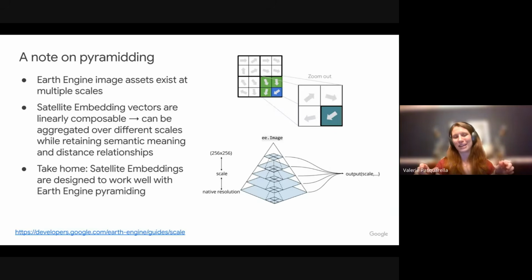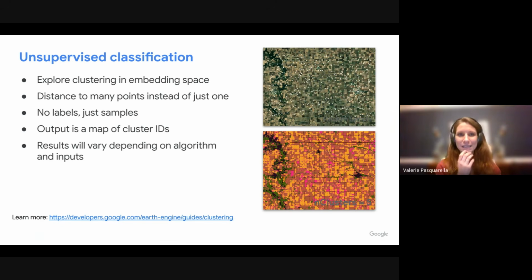So as you're aggregating or zooming out in the similarity search, the results are essentially still valid at those coarser and coarser resolutions. And technical details aside, the important thing is satellite embeddings were designed to work well in the Earth Engine infrastructure. Again, back to that idea of making a really analysis-ready dataset.